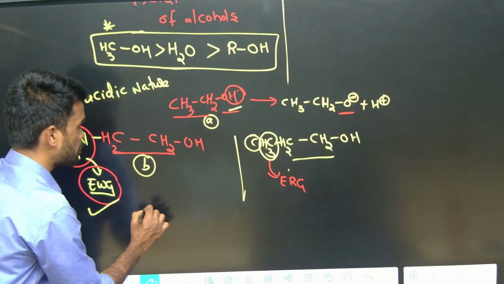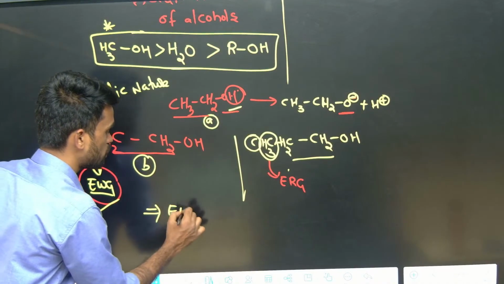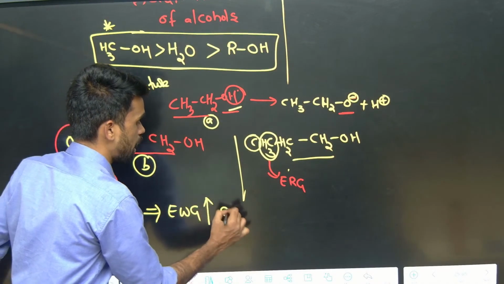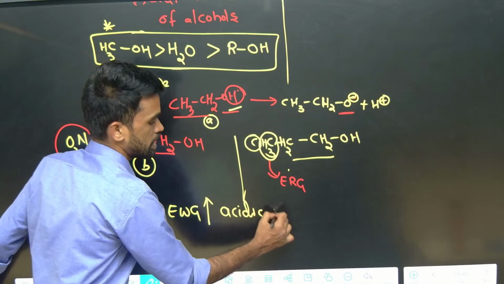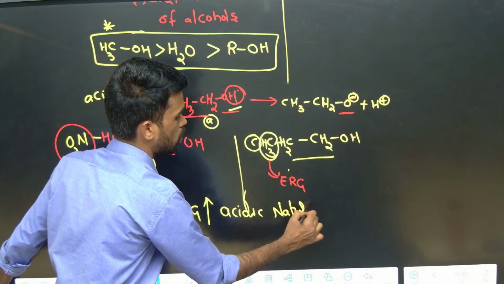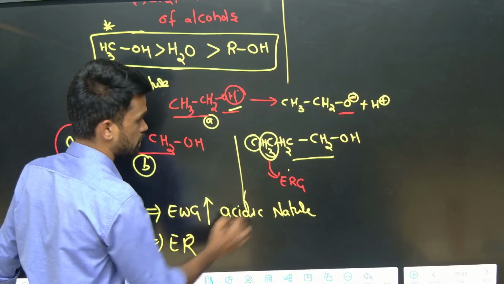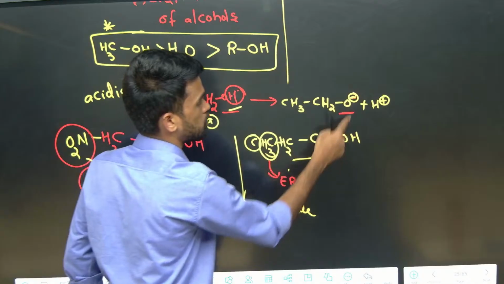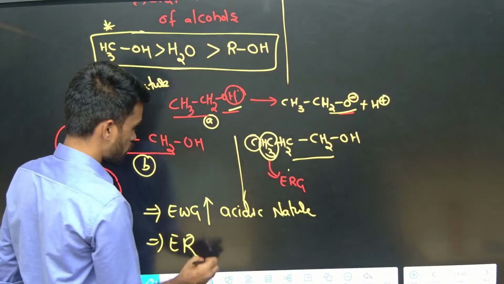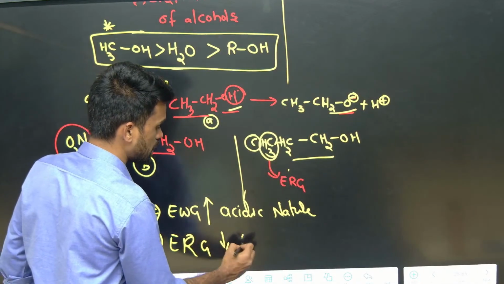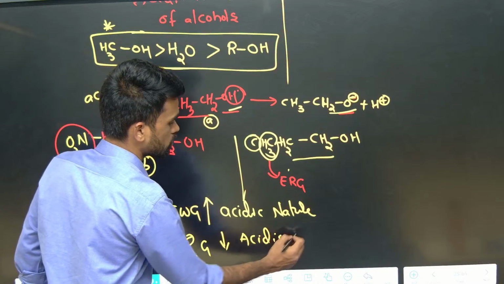So I am simply mentioning two statements. Electron withdrawing groups increase the acidic nature of alcohols, whereas electron releasing groups destabilize the conjugate base formed. Releasing groups decrease the acidic nature of alcohols.